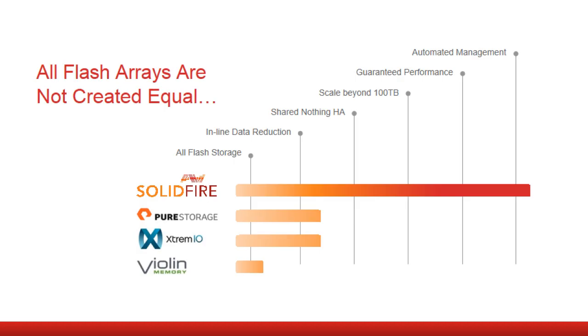And remember, again, it's not just about performance and capacity. Not all flash arrays are created equally. We have a very unique design in the fact that we check those first couple boxes there, but we go on, and shared nothing high availability allows us to scale much further than most of our competitors, scaling beyond 100 terabytes, guaranteeing performance to all of these workloads, because the larger you get and the more applications you're going to put on this, obviously you need predictable performance.